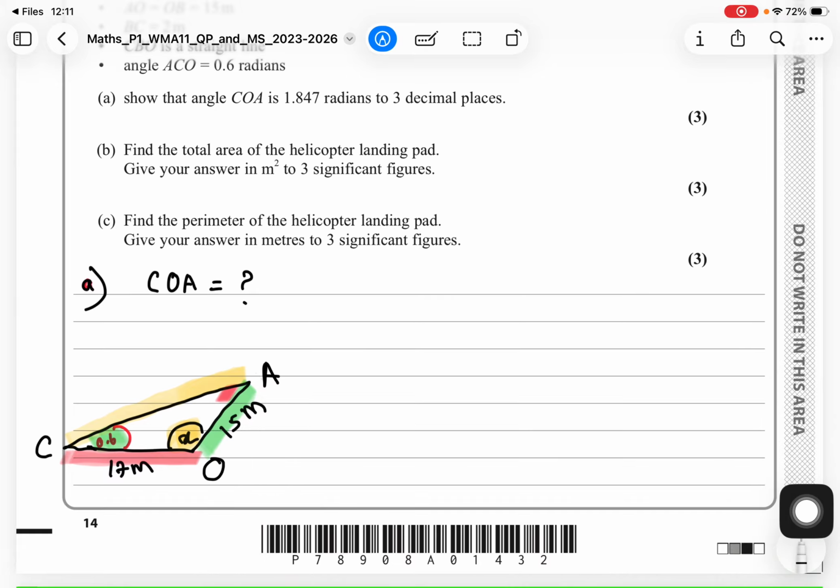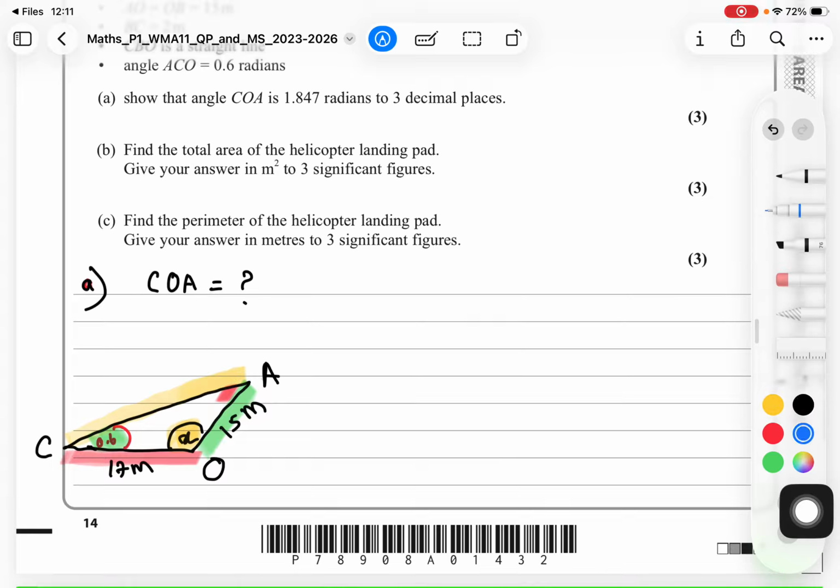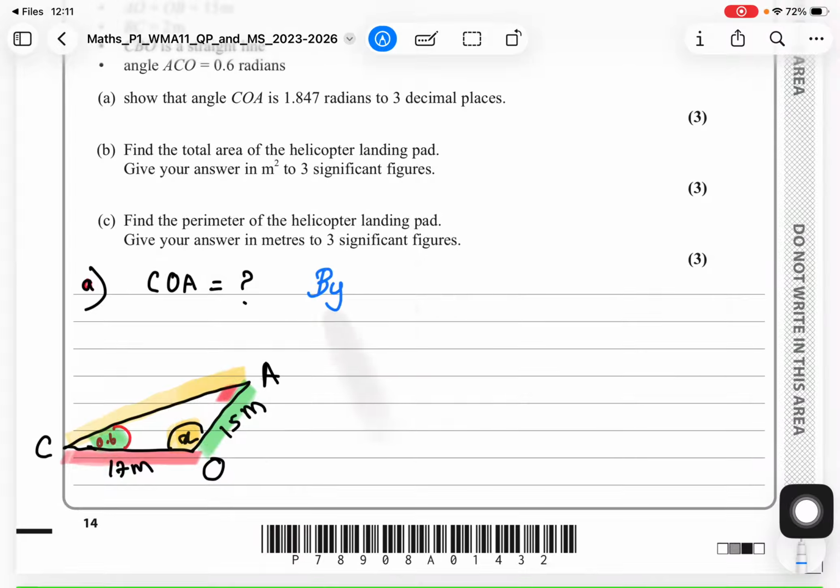By the sine rule, whenever we are writing the answers, we need to write what theory we are using. By sine rule, the side AC divided by sine x equals CO divided by sine of this angle. Actually, we can get that angle too, but let's put theta for now.